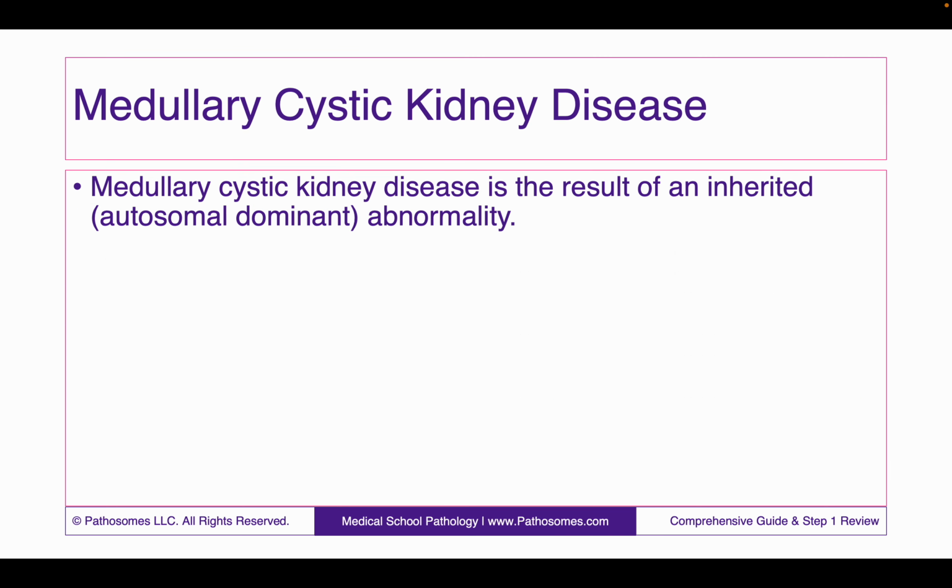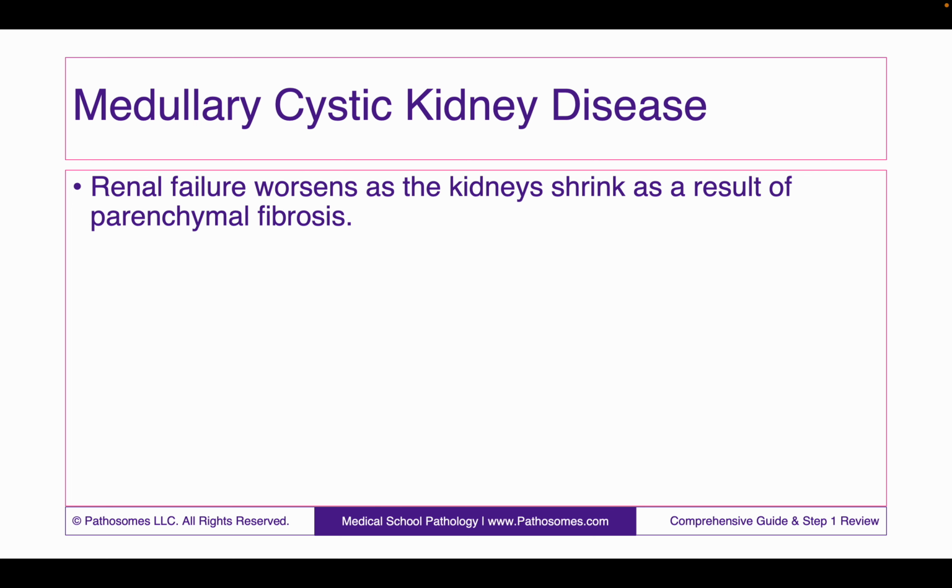It is the result of an inherited abnormality. For your purposes, that is autosomal dominant. Renal failure worsens in patients with medullary cystic kidney disease as the kidneys shrink as a result of the parenchymal fibrosis.